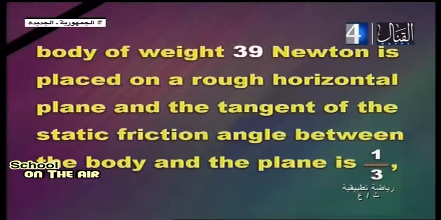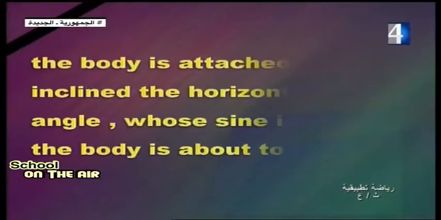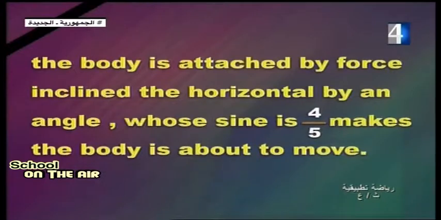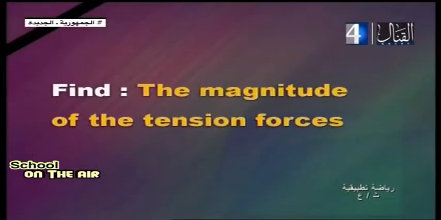Mu s equals tan theta, then mu s equals a third. And the body is attached to a force inclined to the horizontal by an angle whose sine is 4/5, making the body about to move. Find the magnitude of the tension force.